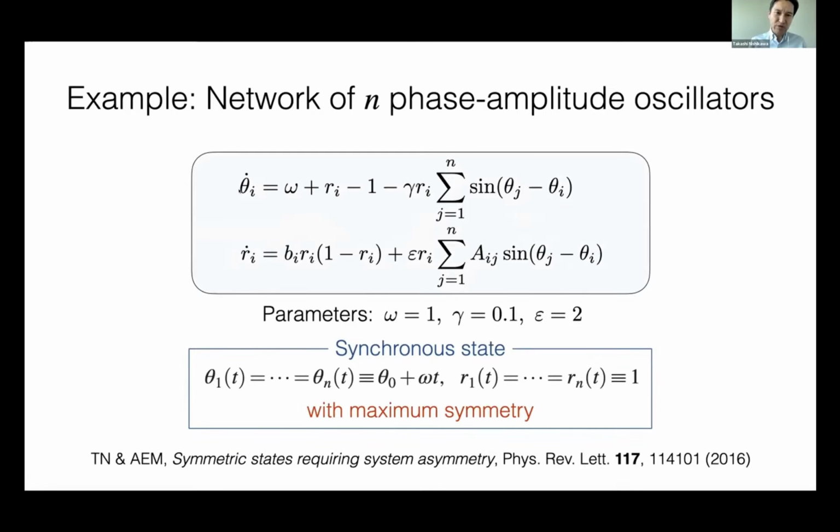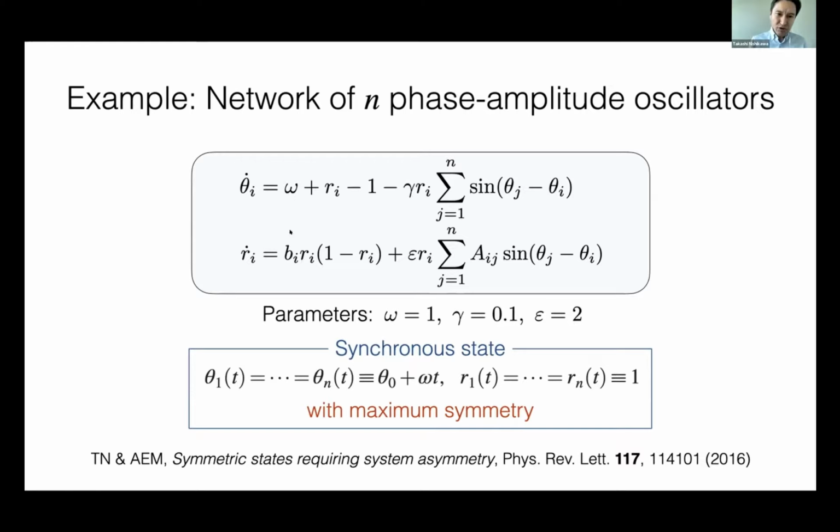The angle variable theta is coupled through this term all to all in a global fashion, but the amplitude variable R is coupled through the network structure that you just saw, through this adjacency matrix A_ij.